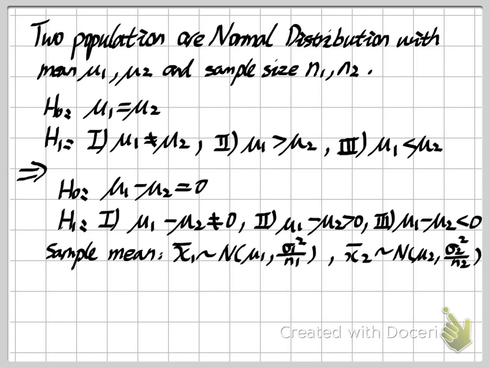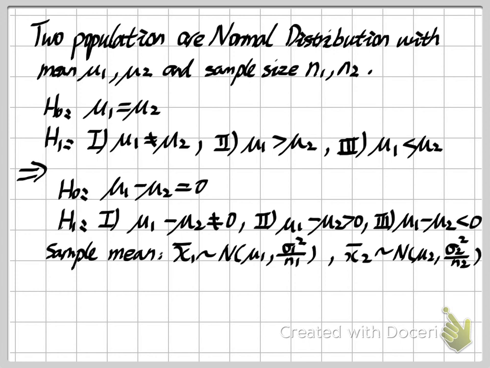This is based on the property of the variance for a linear function. And similarly, the sample mean of the second population has mean mu2 and variance sigma 2 squared divided by n2.